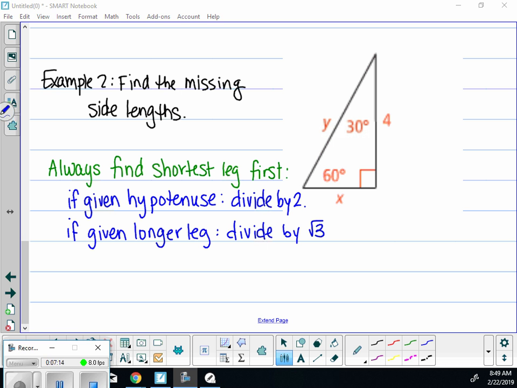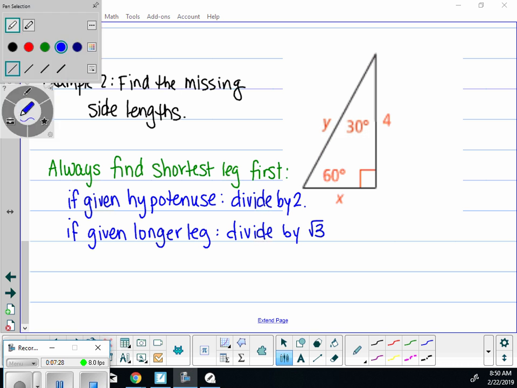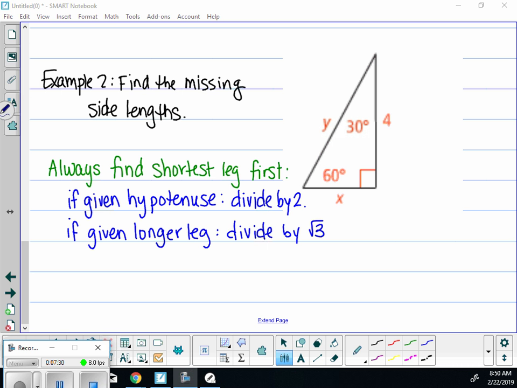So what are we given? We are not given the hypotenuse. The hypotenuse is unknown. We are given the taller leg. The side across from 60 is going to be your longer leg. So in order to find our short leg, we need to take our longer leg and divide by the square root of 3.